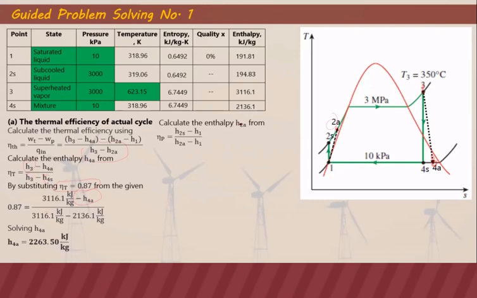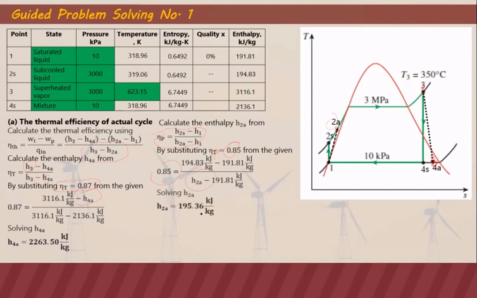For the enthalpy H2A, we can use the isentropic efficiency of the pump. From the given, the isentropic efficiency of the pump is 0.85. Substituting from the table the values of H2S and H1, our only unknown is H2A. So our H2A is 195.36 kilojoules per kilogram. As you can see, that is also different from the ideal, which is 194.83.